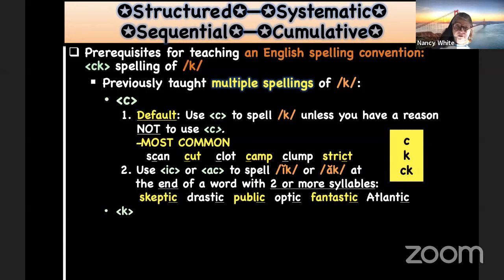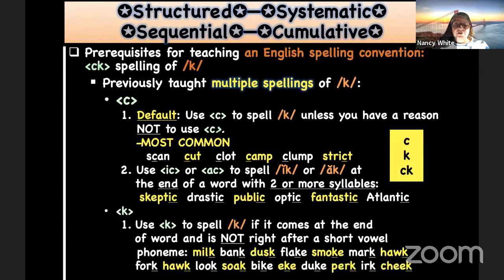So then you also need to have taught them, when do you use K? If C is the one you use unless you have a reason not to, what's a reason to use K? Use K to spell /k/ if it comes at the end of a word and it is not right after a short vowel phoneme. In milk, what does the k follow?